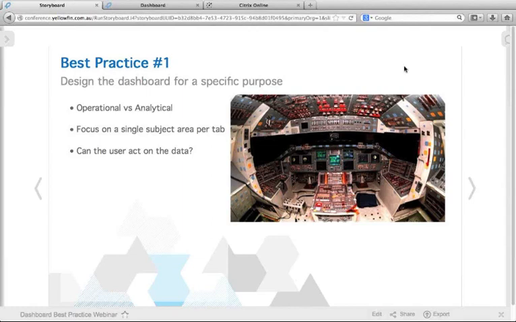Now that you know what type of dashboard you're looking for, it's always good to have a specific subject area in mind so that you're really uniting common information and presenting it in one location. So an example would be if you're looking to build customer dashboards, you may break customer data into a few different sections.